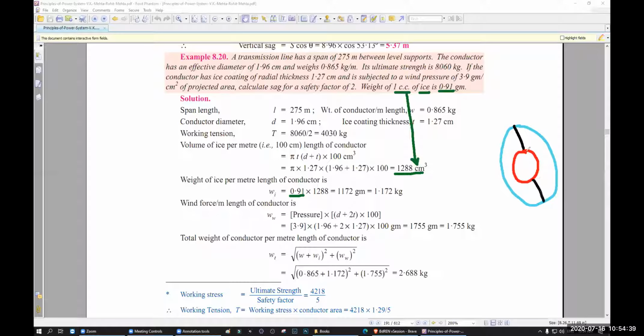This is another T, and this is D. So here, what is the length where your wind will hit? T plus T plus D. That means D plus 2T. That is your part where your wind will hit.